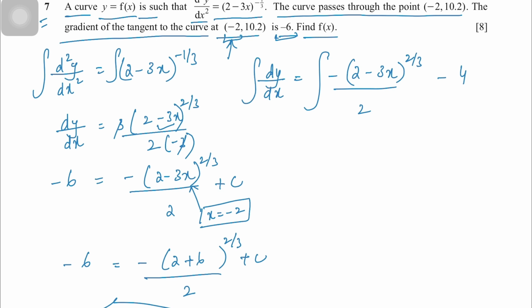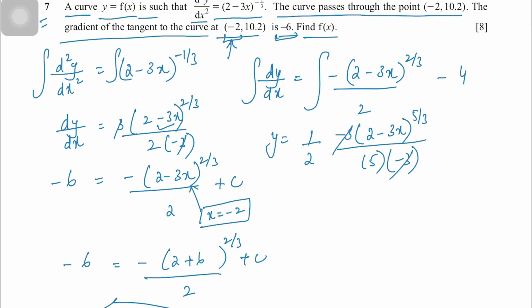So we have our actual equation as y equals, this would be integrated, we will get a final answer as, let's simply move this one out, and this would be negative (2 minus 3x), power 5 over 3, and then this 5 over 3 would go in the denominator. We can write this as 3 and then 5, and then this negative 3 would be multiplied again. This negative 3 and this negative 3 would be cancelled out.